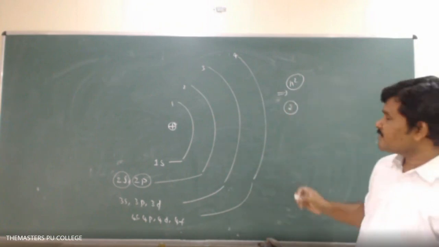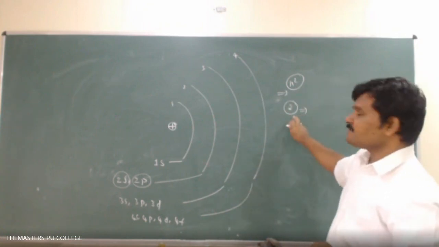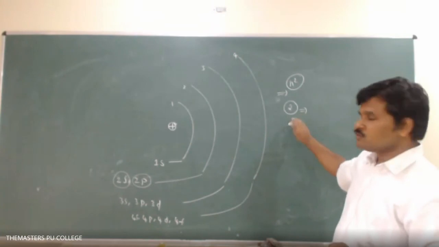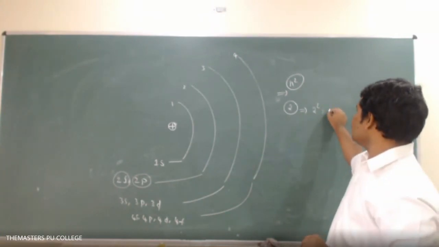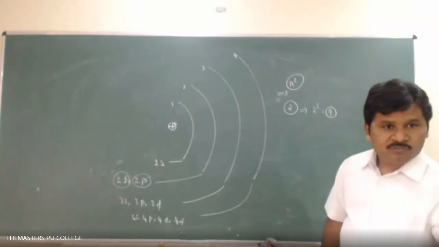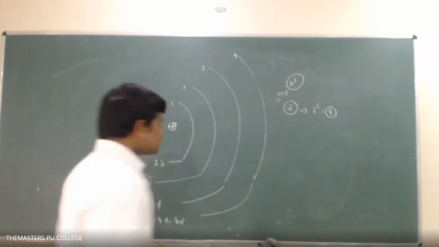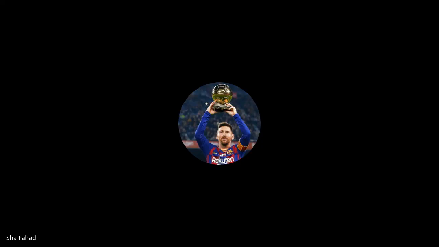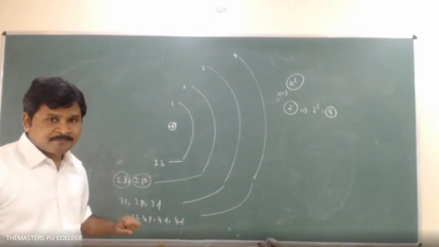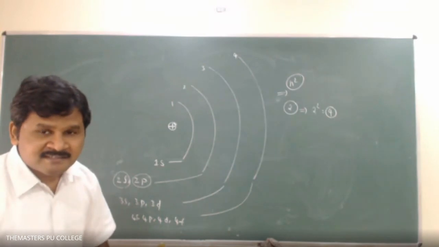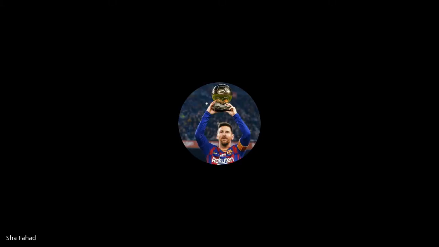The n value is 2, 2 square is 4. I have to prove that it is 4. S orbital means how many boxes? 1. P orbital means how many boxes? 3. Total boxes: 4.